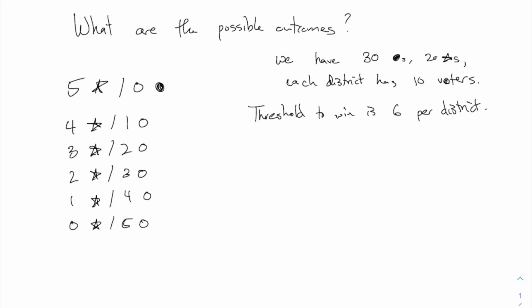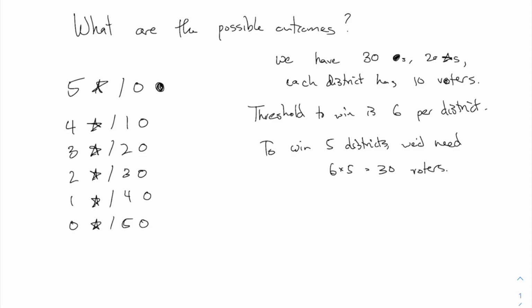And so I would ask myself, is it really possible, for example, for the Stars to win all 5? What do you think? I think the answer is no. I see some head shakings. You need 6 to win per district. So to win 5 districts, we need 6 times 5, which is 30 voters.